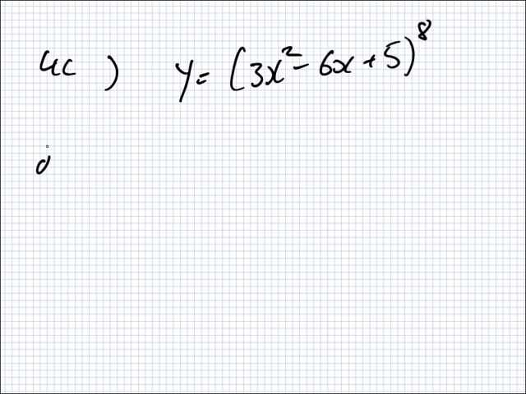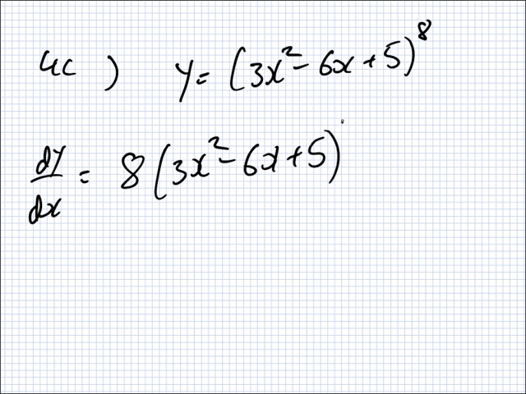Okie dokie. Shall we look at it now? Yes. Let's have a look. You are given y equals (3x squared minus 6x plus 5) to the power 8, and we want the derivative. What rule do we need here? Chain rule. Bring down the power, reduce the power by 1, and multiply by the inside derivative.